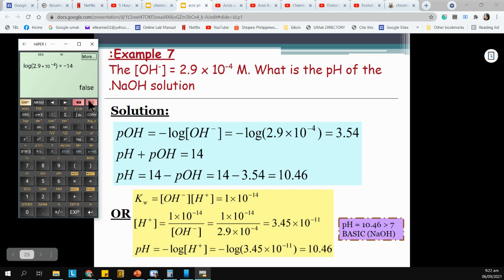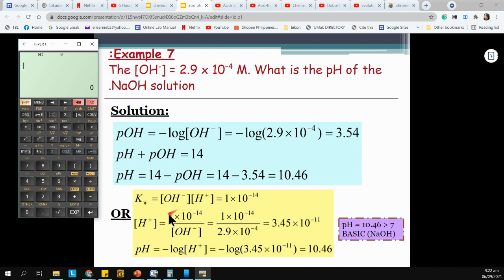Di siya talaga. Wait. Imaano nyo na nga lang. Ayaw niya akong pinapahirapan niya ako eh. Yan. So, 10.46. Okay?